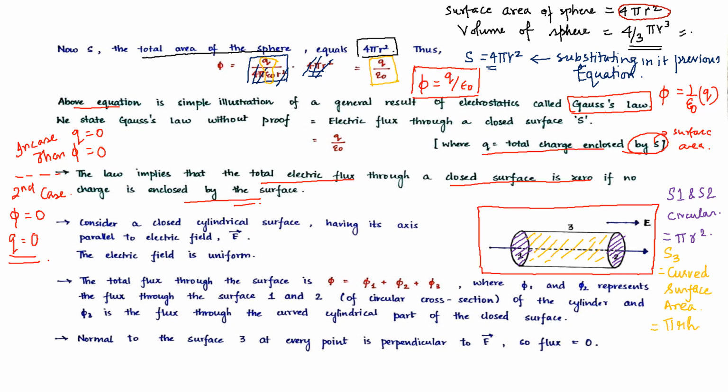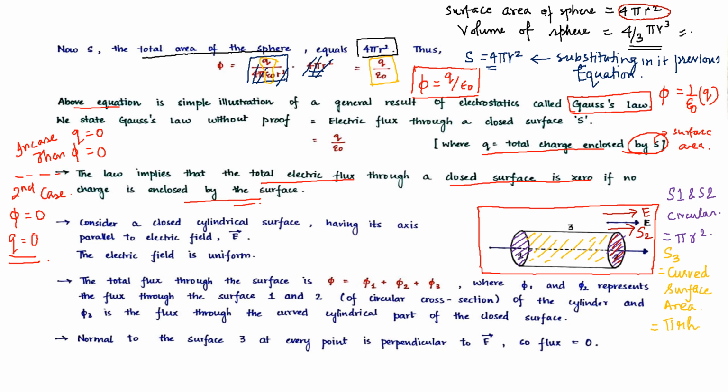So the values are actually not needed over here, but see, the electric field is moving in this direction. I'll take a red ink to explain this concept better. See, this electric field is moving in this direction. The area vector for this is also in the same direction, S2.